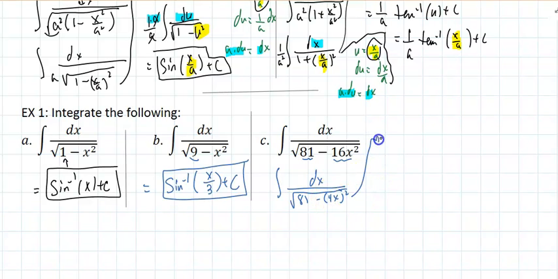So if I really think about this, I'm going to say this is the arcsine of what took the place of x? 4x divided by what do you square to get an 81 and 9? And what's the catch? If you remember, if this is linear, when you take a derivative, you multiply by that 4. When you take an antiderivative, you divide by that 4.